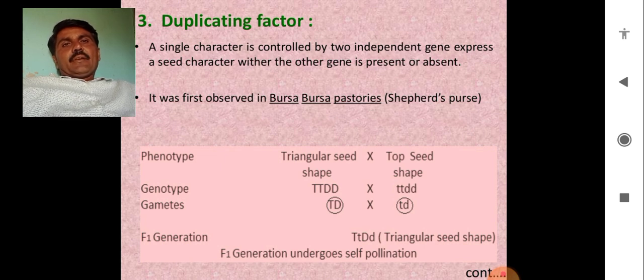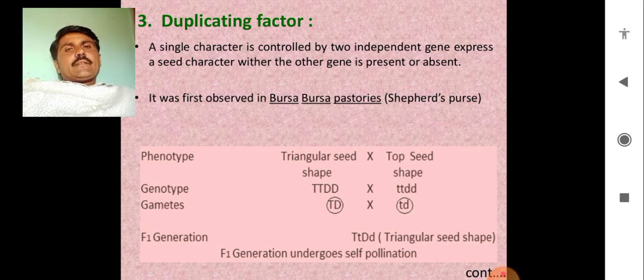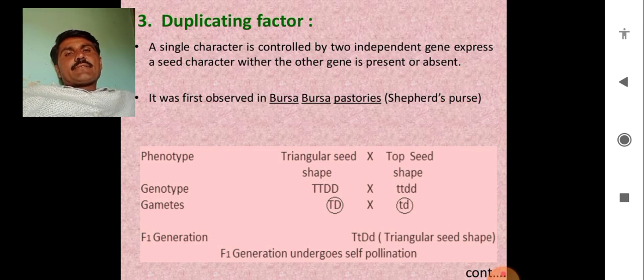Friends, we are studying genetics and in that we are touching the aspect of gene interaction. We have gone thoroughly through this chapter, that is the gene interaction, allelic gene interaction as well as non-allelic gene interaction.